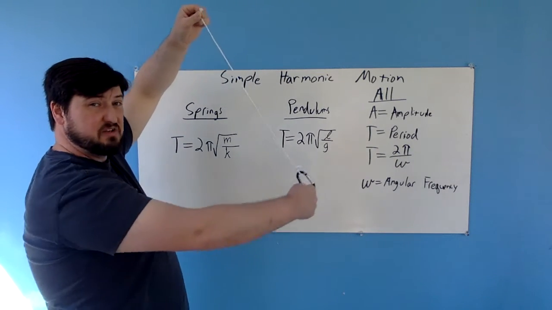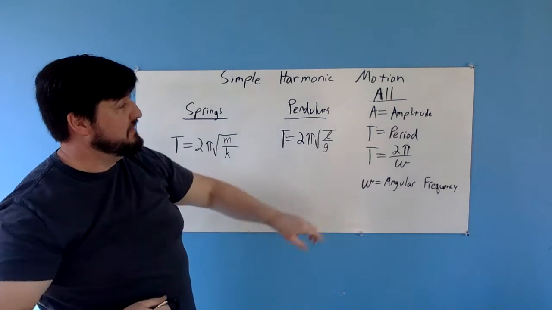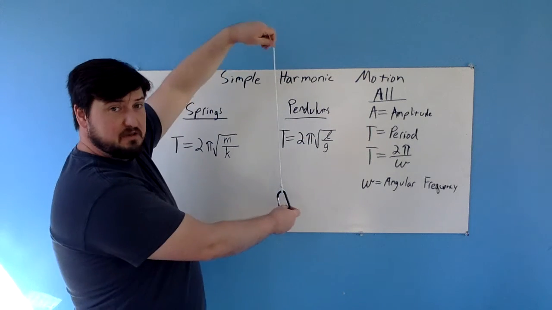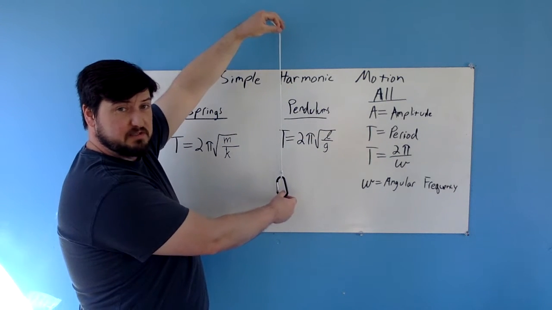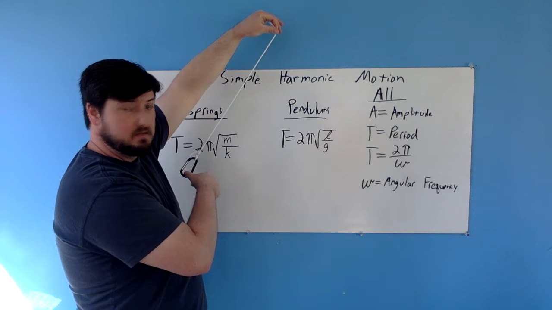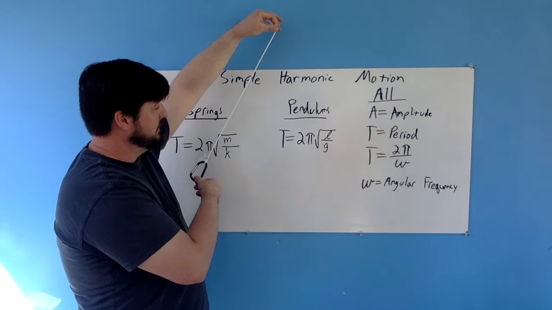But I could stretch it back even farther, couldn't I? So that high point could be higher. And that is what we're going to call the amplitude, okay? So basically, if this is 0 when it crosses T, how high up above 0 you get is your amplitude. So your amplitude is how high up or far away you are, okay?